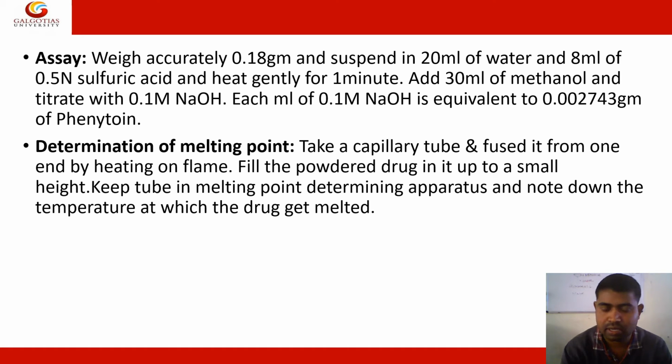After heating, you just have to cool it down and add 30 ml of ethanol, or you can also use methanol, and titrate this solution with 0.1 molarity sodium hydroxide solution. And when you titrate using the indicator, you will see a pink color at the end point of the titration.